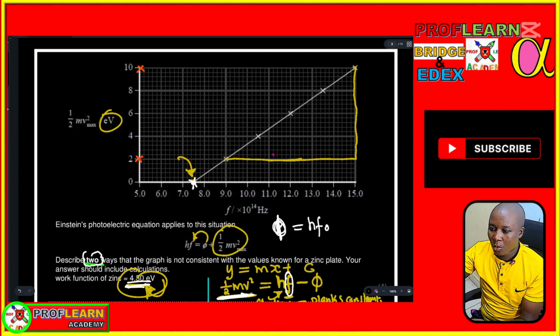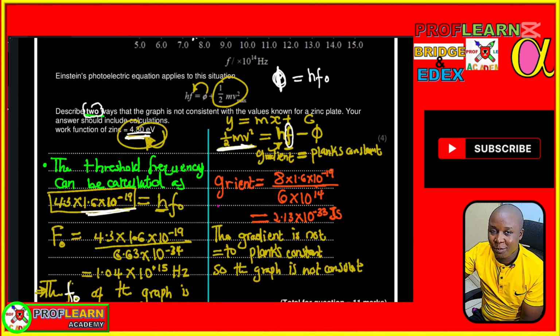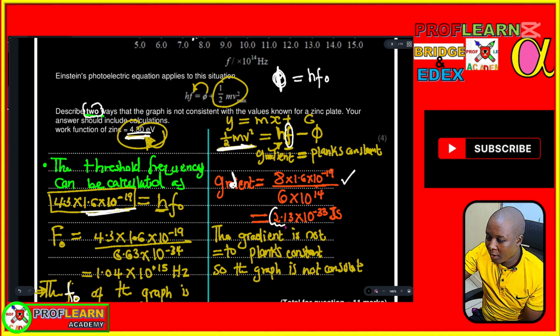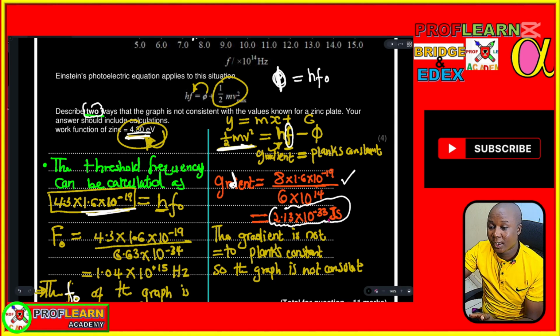All right, so if you work out the gradient of this line and you find it's equal to 6.63 times 10 to the power negative 34 joule seconds, then it means the graph is consistent. But when I try to work out the gradient, remember gradient is usually rise over run, I got my value to be 2.13 times 10 to the power negative 3 joule seconds.